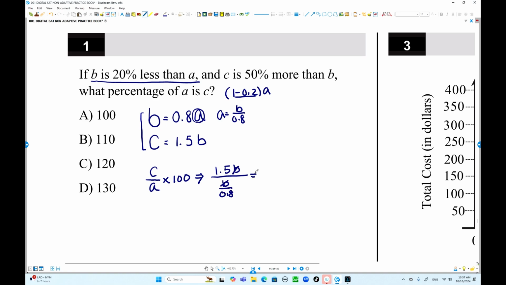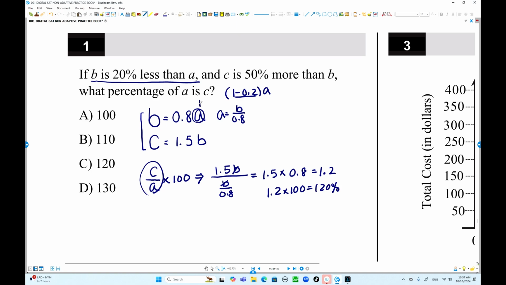This is about 1.5 divided by 1 over 0.8, which is 1.5 times 0.8, right? That equals 1.2. So 1.2 times 100 equals 120%.